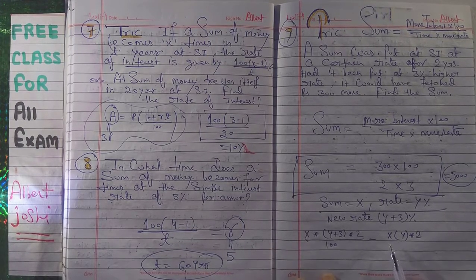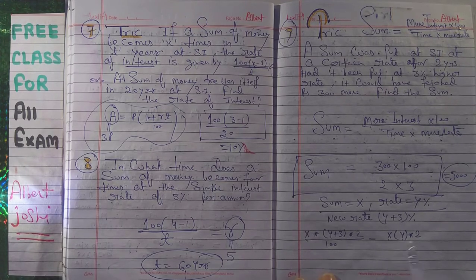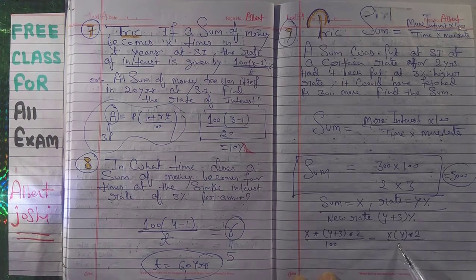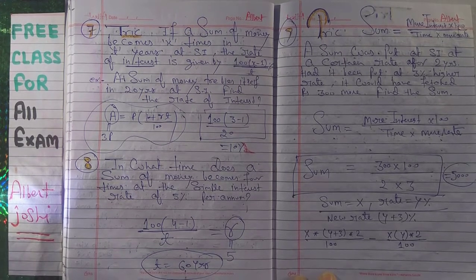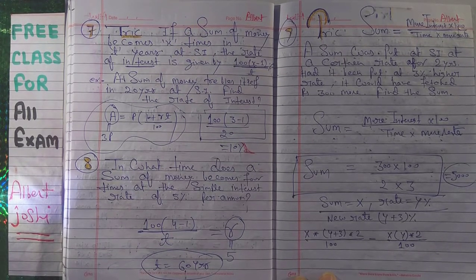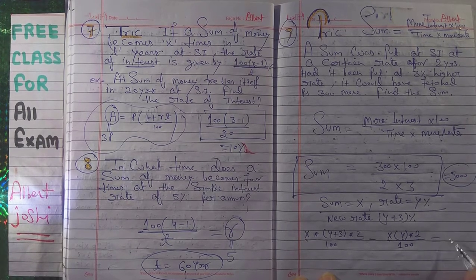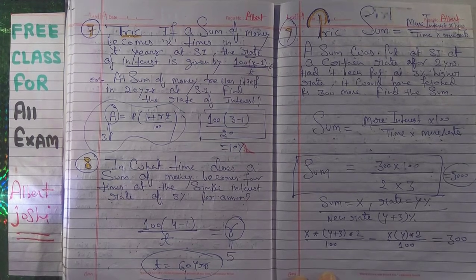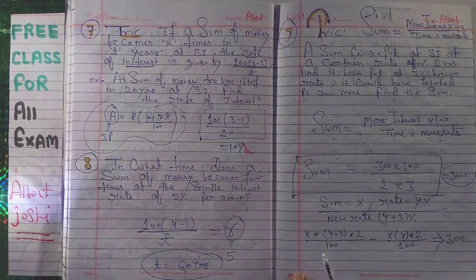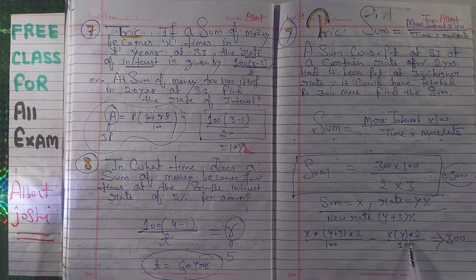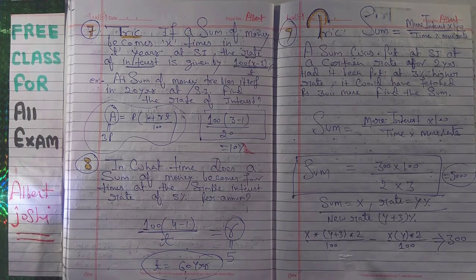So with p as x, rate y, and t as 2 years upon 100, the difference is 300. If you calculate, then you can get the answer.